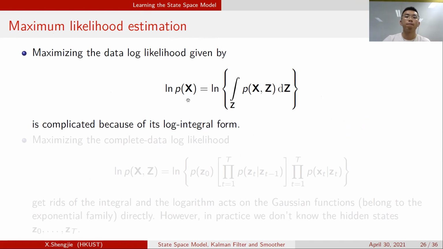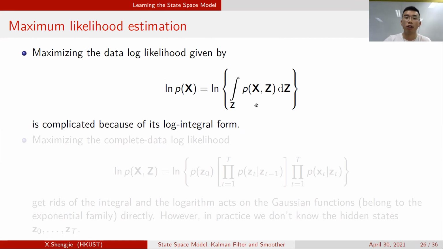And in practice, we don't know the probability of the data. We only know the joint probability of the hidden state and the observations. So we have to take the integral to get p(x). Forget about the log. And the problem is that this integral is pretty difficult to calculate.